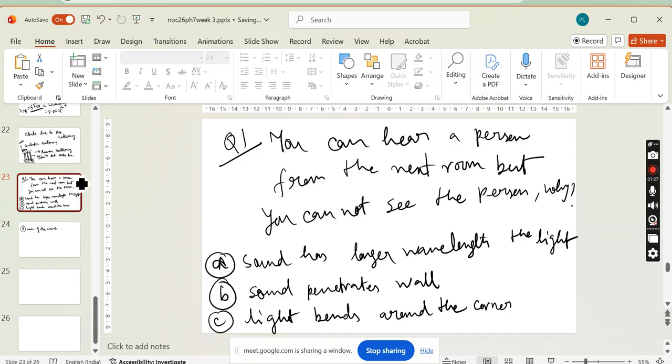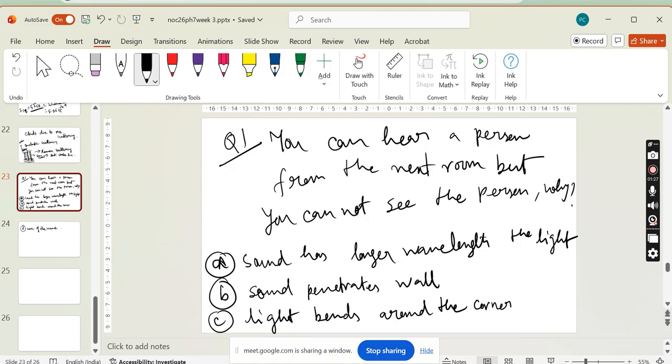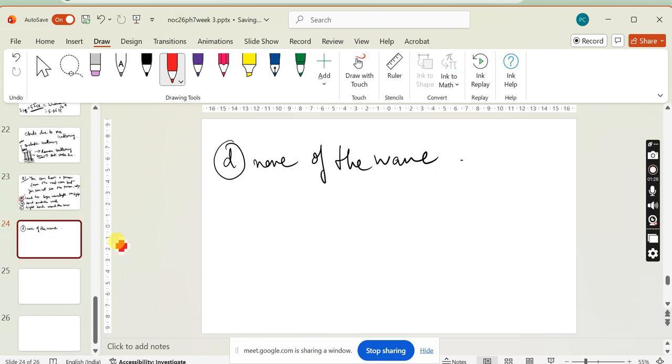Even if light went around the corner, you cannot see the person in the next room, so that's not option C. Sound penetrates the wall largely because sound has a longer wavelength than light. That is the reason.